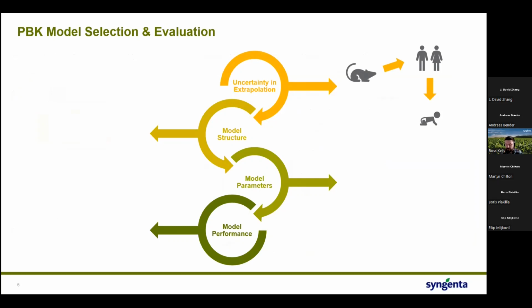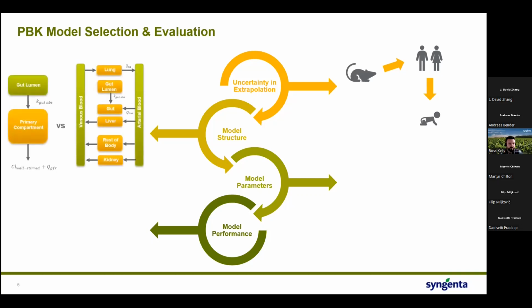So obviously we can't test the compound on humans, let alone children, and so we have to have an approach that can help us tackle this. So a PBK model can explicitly incorporate age and route-related differences in ADME, as well as other things like biochemistry and physiology.